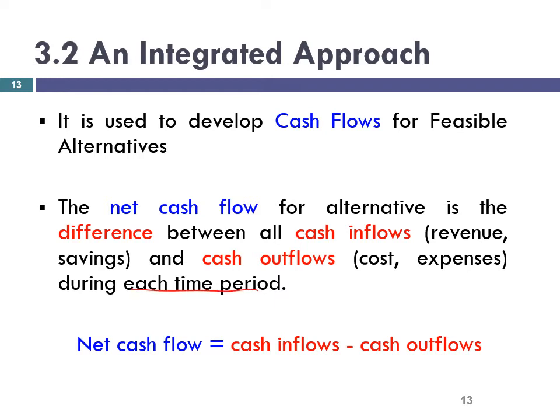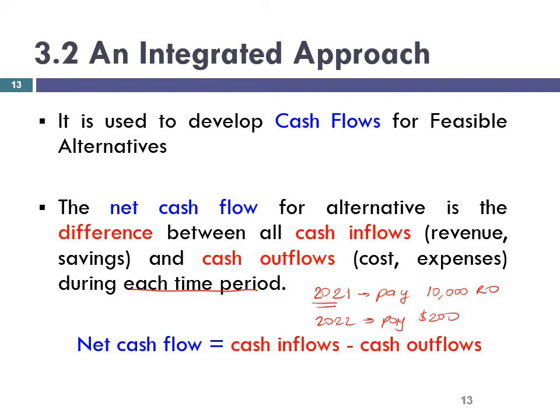So let's assume that this is year 2021. You are in an investment which says that in 2021 you need to pay, let's say, 10,000 Omani Riyals, and then in 2022 you will pay some operating and maintenance costs, let's say 200 Riyals.